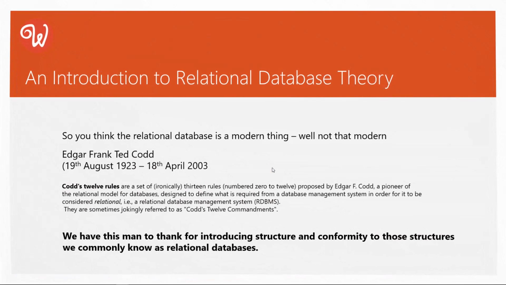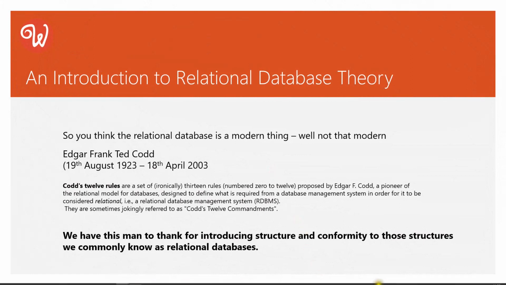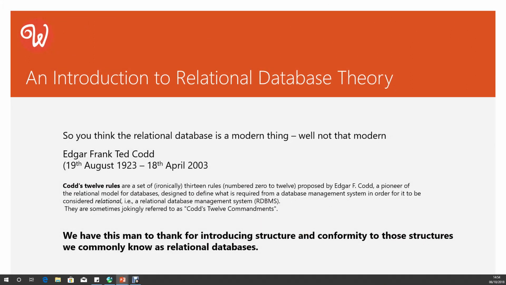First of all, a little history lesson. Edgar Frank Ted Codd, who died in 2003, was one of the leading lights in the development of relational database model theory in the 1980s. And through that, he came up with what is referred to as Codd's 12 rules, although ironically there are 13, numbered 0 through to 12 in typical programmer fashion.